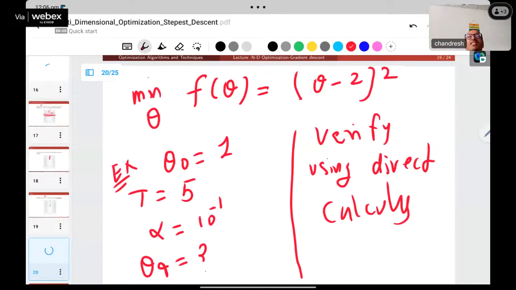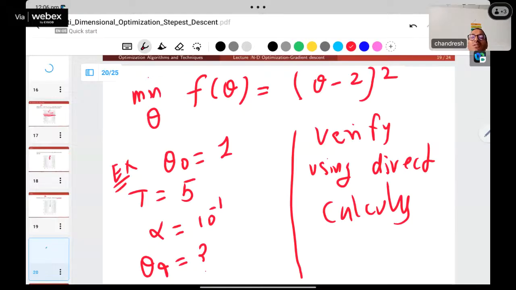Can anyone tell me the gradient in the first iteration? What is the gradient value at theta 0? Theta 0 is 1, so basically your gradient will be minus 2, evaluated at theta 0.